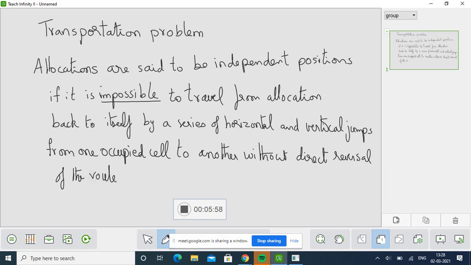So this is what you mean by independent position, and how to identify an independent position.